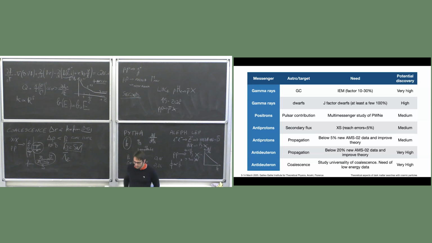Instead, we have other models like the L mu minus L tau model, that annihilates preferentially into mu, tau, and the neutrino mu and neutrino tau. If you have a model like this, you have no hope to detect antideuterons. Also, the production of antiprotons should be negligible, but you can fit the Galactic center excess.